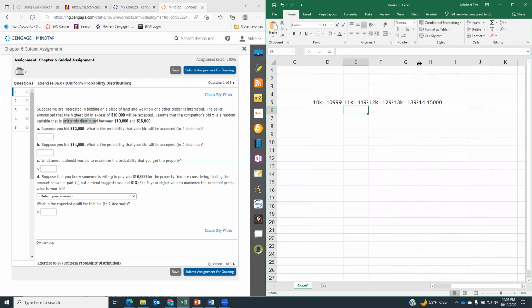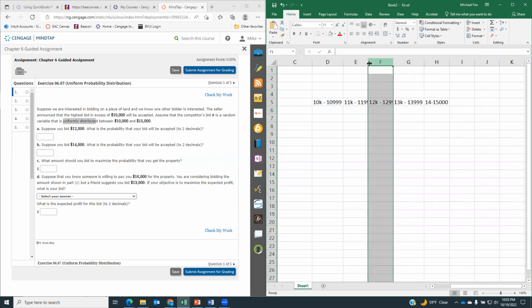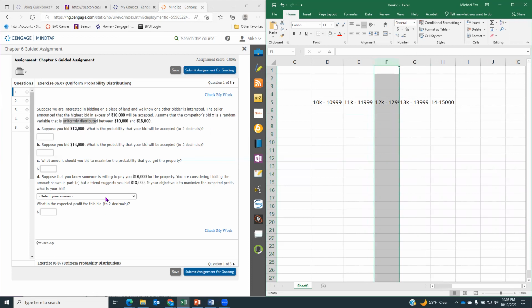Okay, so those are our options. The bid could fall into any of those categories, especially since all of these are in round numbers.